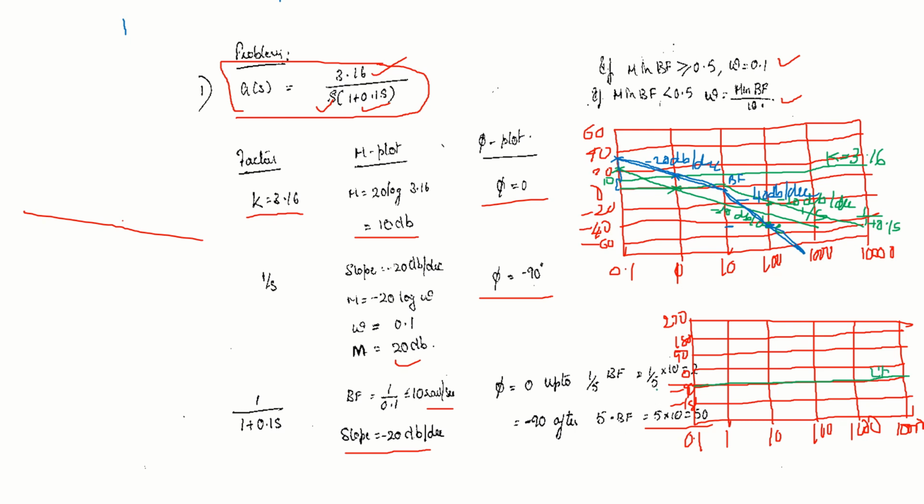The other one is 1/5 of break frequency up to 10, the phase angle is 0. After 50, the phase angle is minus 90 degree. This is 1, this is 10. So 2 means here.